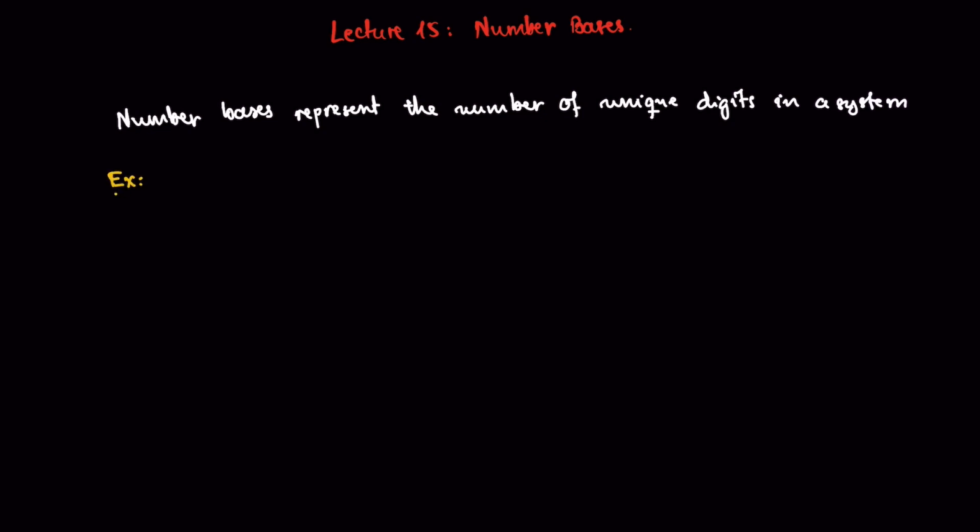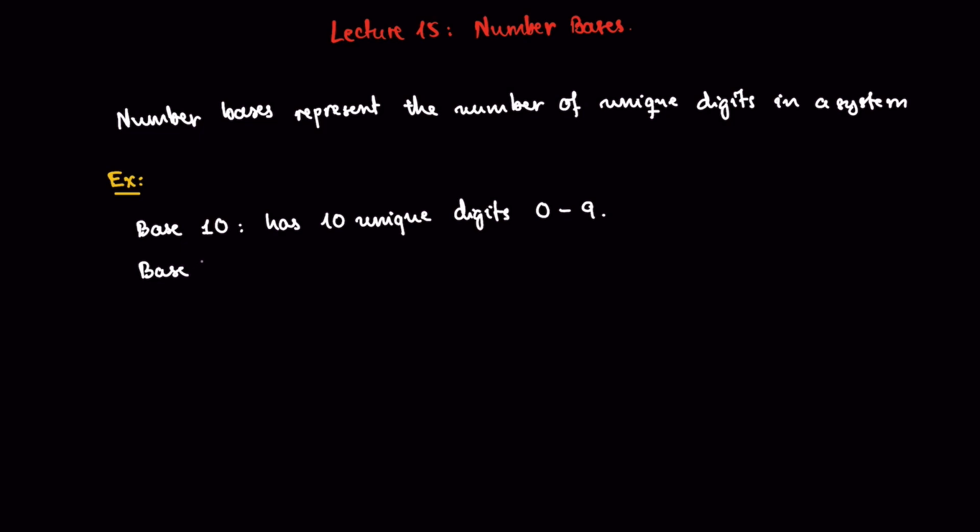For example, the system of numbers that we use in day-to-day life is base 10, because it has 10 unique digits from 0 to 9.